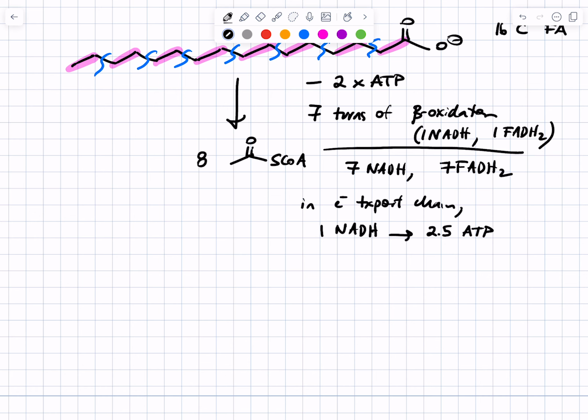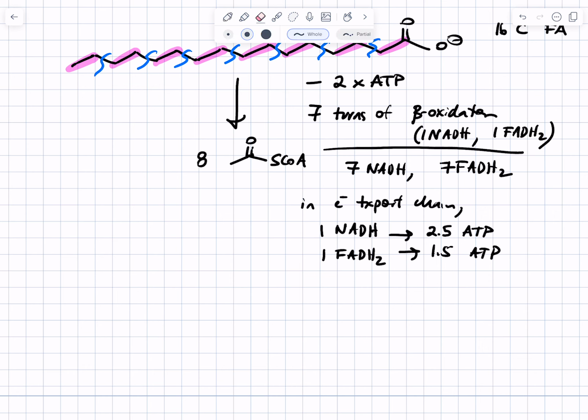And then each FADH2 molecule is thought to generate 1.5 ATPs. So you can do the math and figure out, for 7 turns of the beta oxidation, you'd make 2.5 times 7 ATPs from NADH, and 1.5 times 7 ATPs from FADH2.